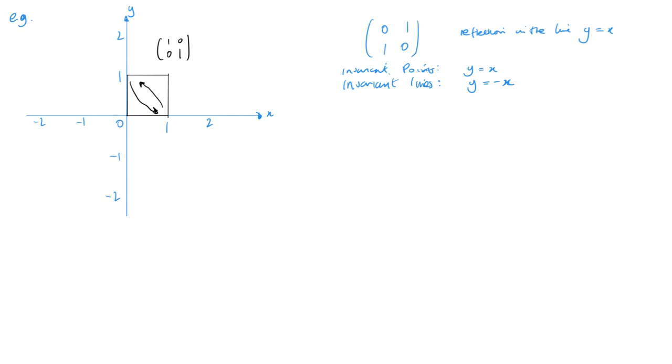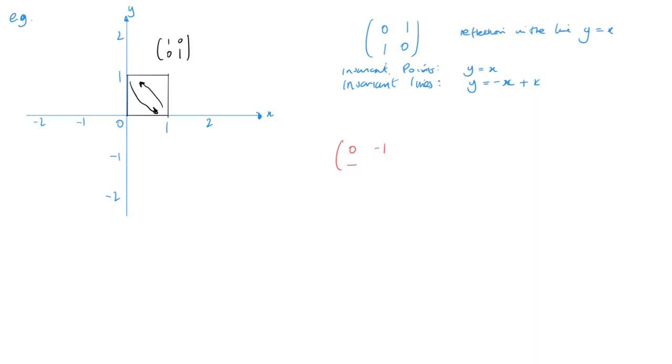So it's a negative x in terms of the direction, but then plus k, because negative x is here, and this would be plus 1, plus 2, and so on. So all these diagonal lines will be invariant lines. Hopefully that makes sense.